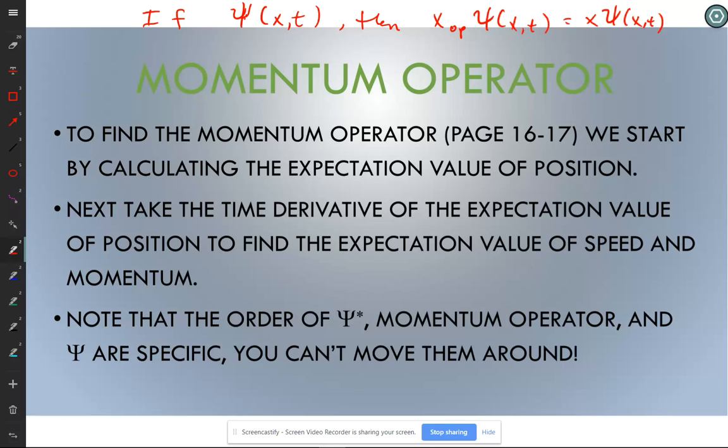And velocity is kind of problematic, because if you're talking about a particle, that's easy. This thing's traveling with a certain velocity. But if we're talking about a wave function, we're talking about a particle that is in various states, and how do you get velocity for these various states?